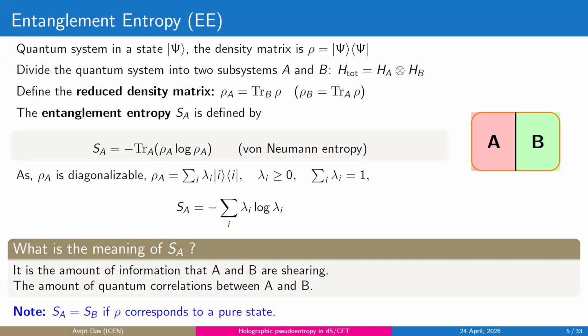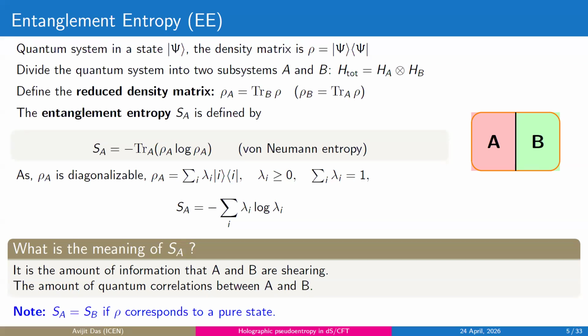If you have a system with two parts, A and B, we say that these are subsystems of the whole system. Then if you define a pure state for this whole system, let's say with state psi, you can introduce the density matrix for this state, given by |psi><psi|.